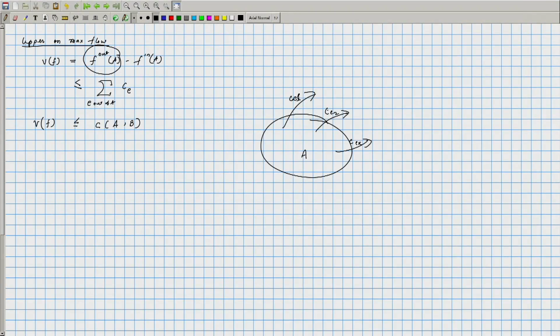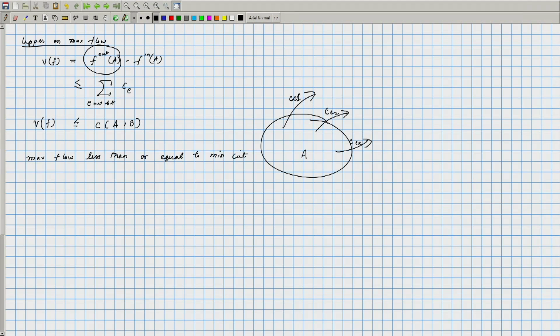Here what it says is, you take any cut, the size of the cut is a natural upper bound on the flow that is possible. So, in particular we can write that maximum flow is going to be less than or equal to min cut.